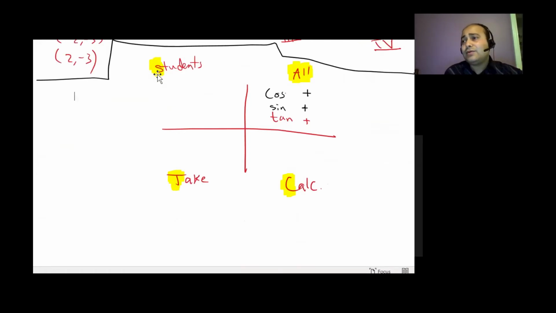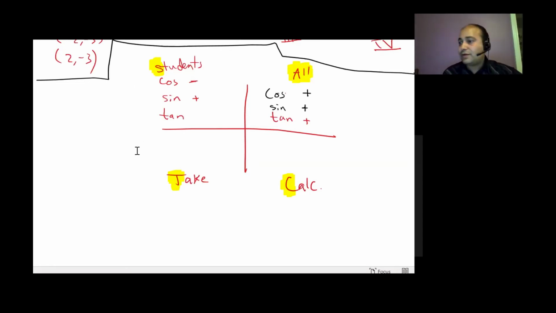Now the second one is the student, the S. What is S? S represents the sine, which means the cosine in this case is negative, the sine is positive, and the tangent, if I say the tangent is sine over cosine, what's the value of tangent?